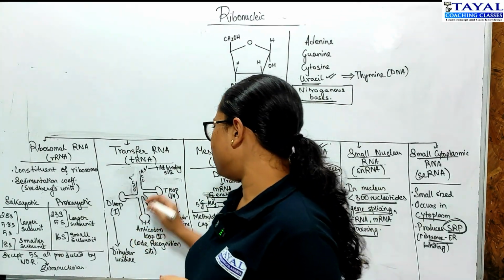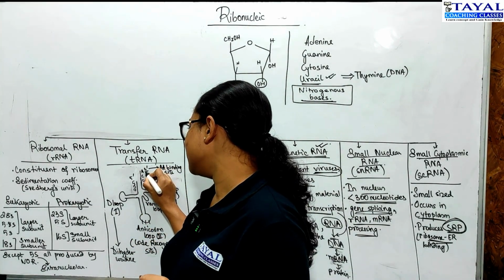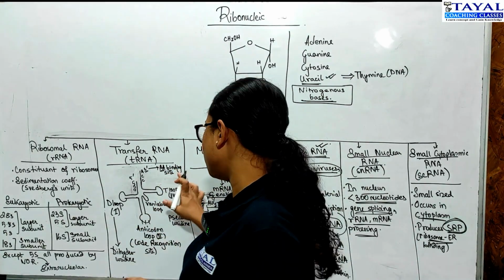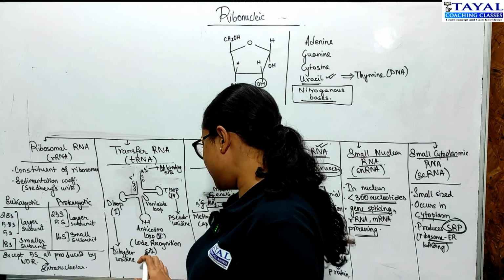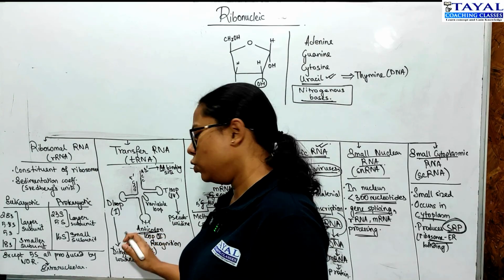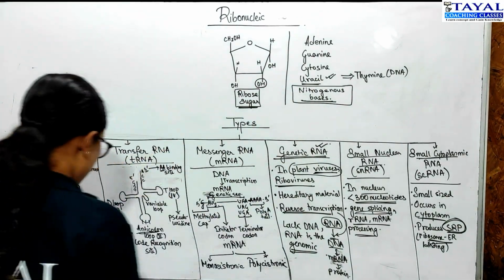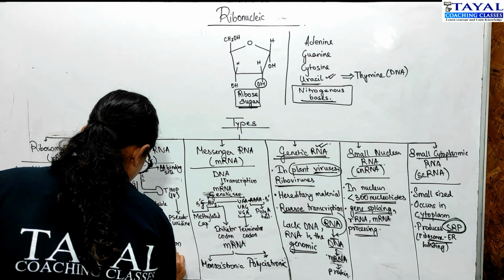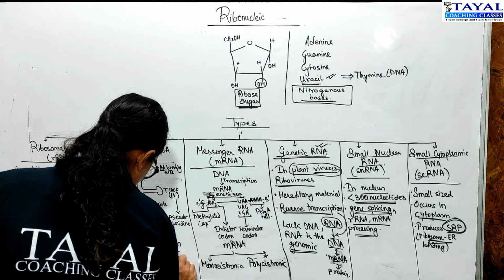Okay? Starting from the 3' end, this end is the amino acid binding site. Amino acid will bind here. Based on what? Based on this structure, the anticodon loop. So what I'm trying to say is, if the anticodon loop has UAC for AUG, right?